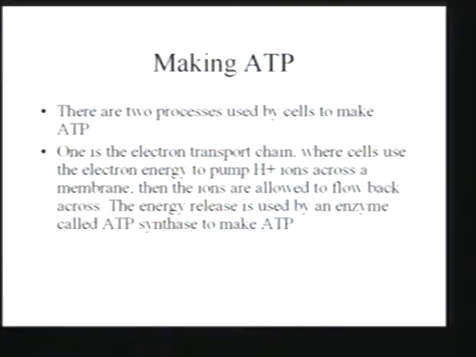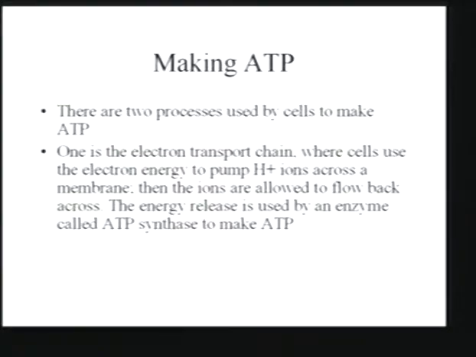First type of ATP assembly is in the electron transport chain itself. I haven't told you yet where the energy from those high energy electrons is going. Now you know where it's going. It's being used to pump hydrogen ions across a membrane, across the inner mitochondrial membrane to be precise.